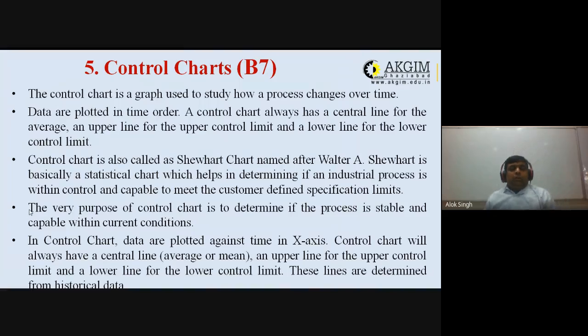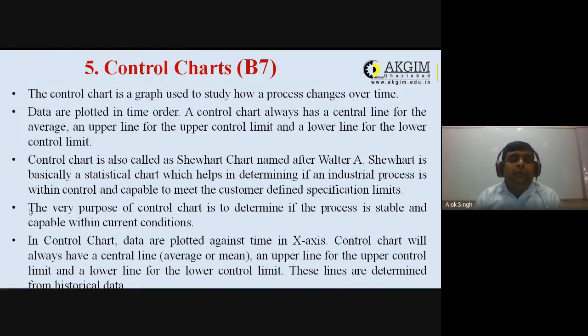Okay. So the control chart is also called the Shewhart chart, named after Walter R. Shewhart. He is also a renowned quality guru, and the chart is basically a statistical chart which helps in determining if an industrial process is within control and capable of meeting the customer-defined specification limits.